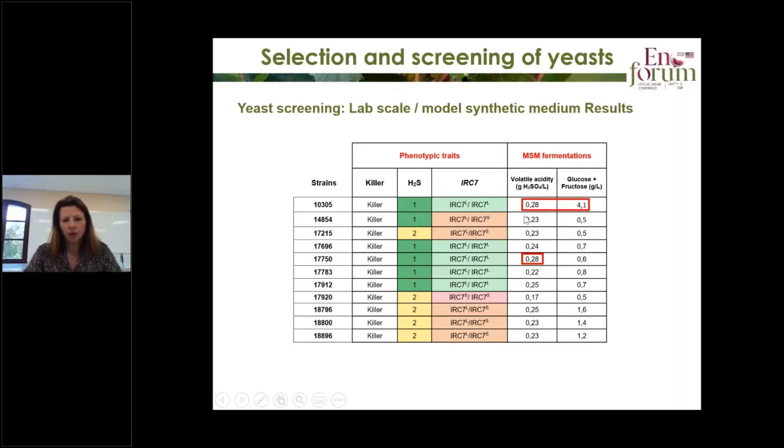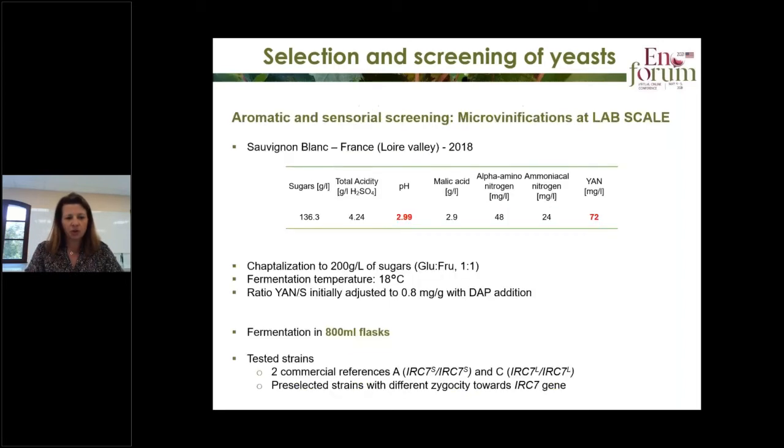Some strains like this have a slight defect, but their capacity to produce 4MMP is very important for this study. So we pre-selected 12 strains.